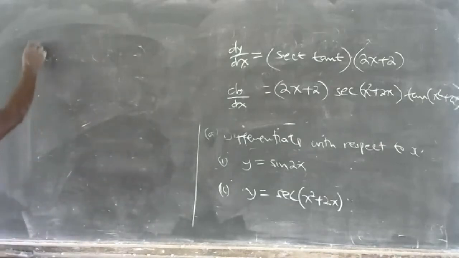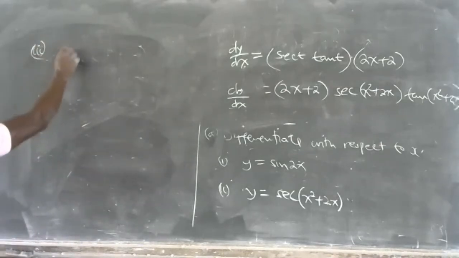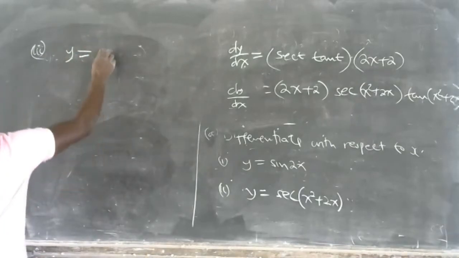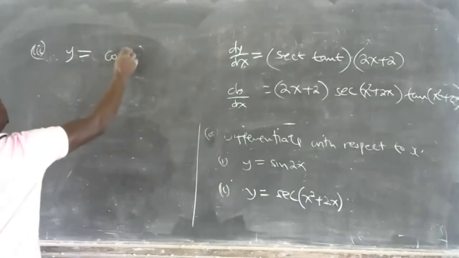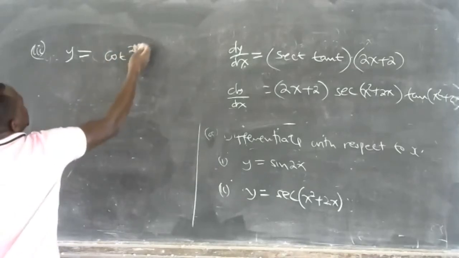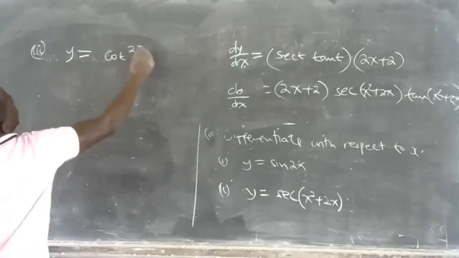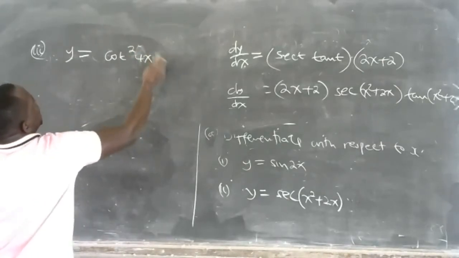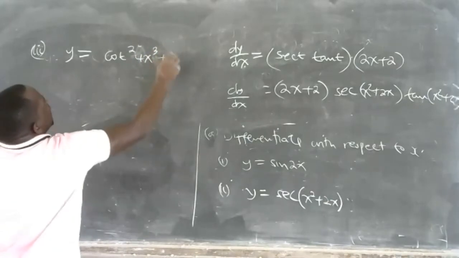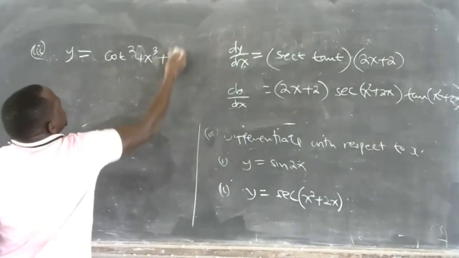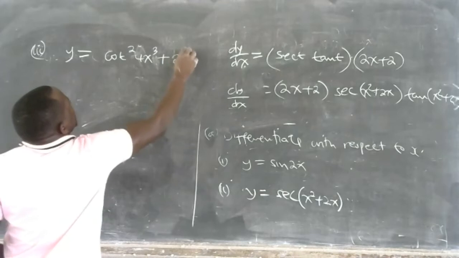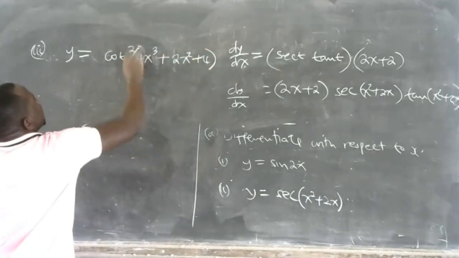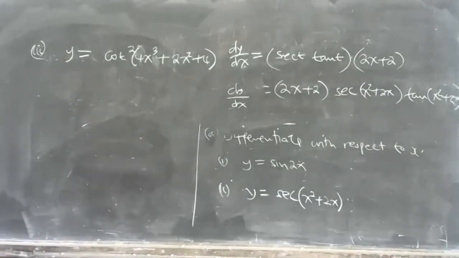We have y given by cot squared x cubed plus 5x plus 2x squared, and we add a 4. That's our question we are differentiating now.